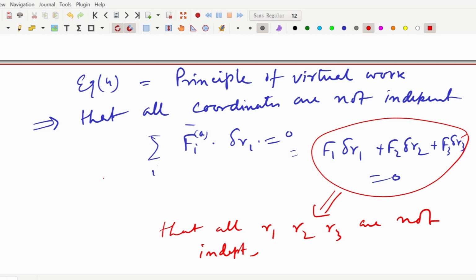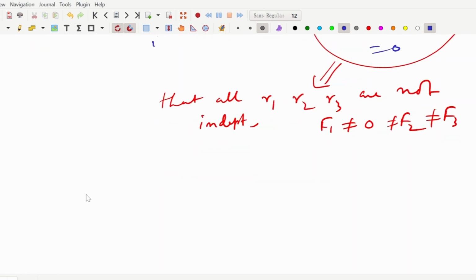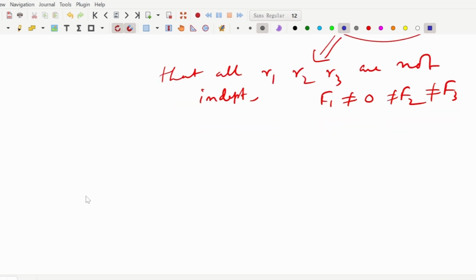They are related because F1 is not equal to 0, not equal to F2, not equal to F3. So we have arrived at the principle of virtual work for the static equilibrium system. Now what happens if the system has a dynamical situation? Principle of virtual work for the dynamical situation.